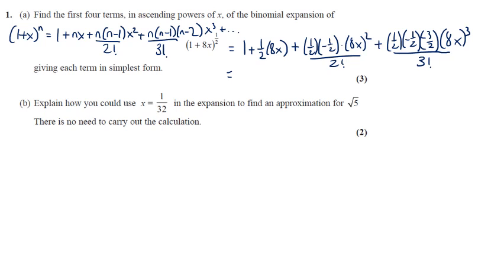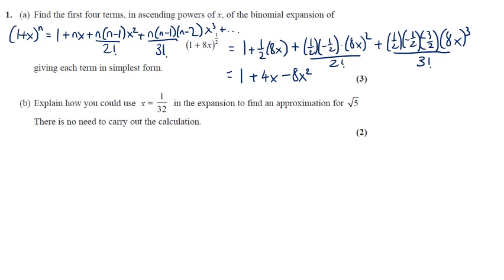So it's just a case of simplifying then. We've got 1 plus a half of 8, which is 4x. A half times minus a half is minus a quarter. 8 squared is 64, so minus a quarter times 64 is minus 16, and then divided by 2 is minus 8, so minus 8x squared.